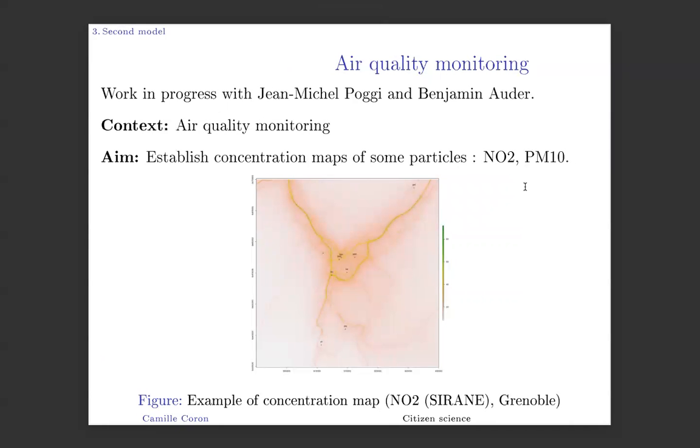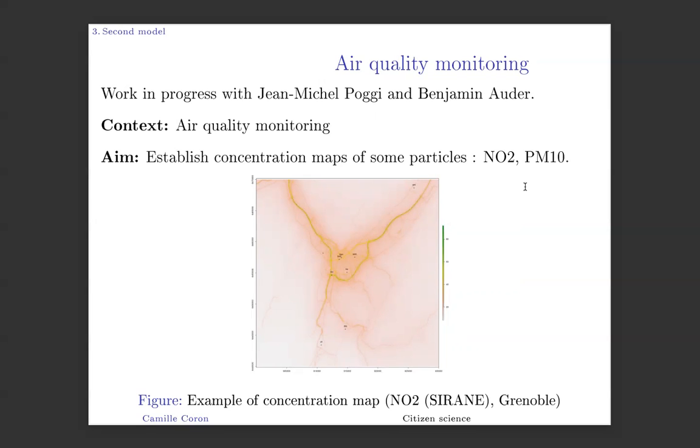I can have some minutes to talk about recent work in a completely different field, but with the same program of dataset combination. So this is work in progress with Jean-Michel Poggi and Benjamin Oder, who are in my lab. So the context is completely different.